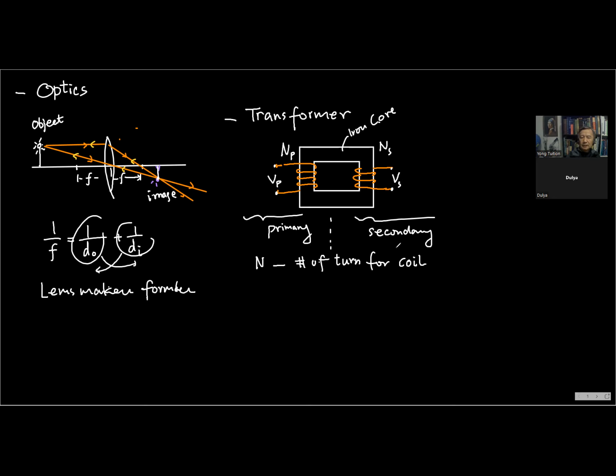And there is a simple formula for that. Voltage primary over voltage secondary is simply equal to the number of turns primary over the number of turns secondary. All right, so this is the result. This is the summary. This first formula you need to know when you use a transformer.